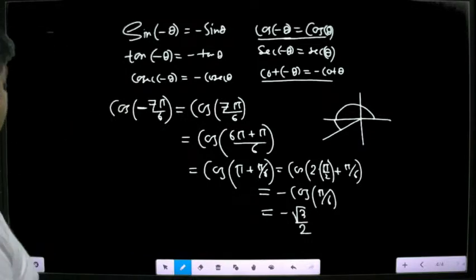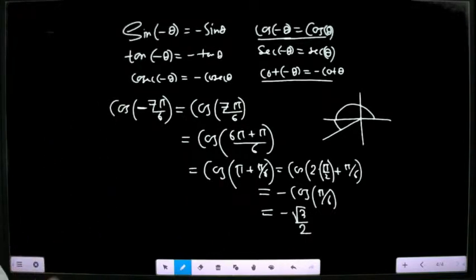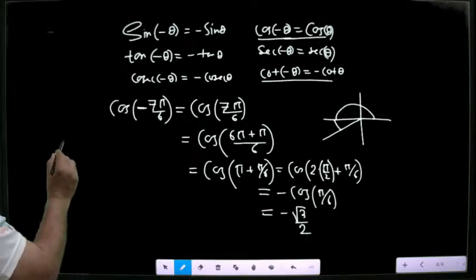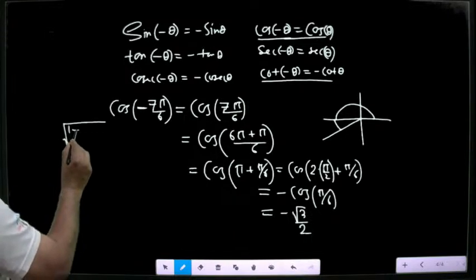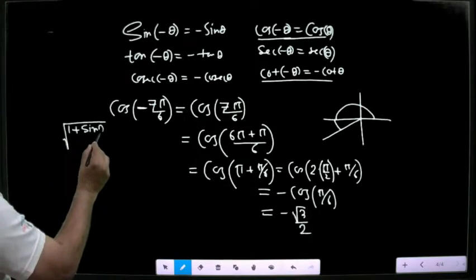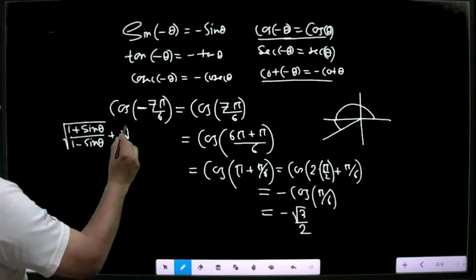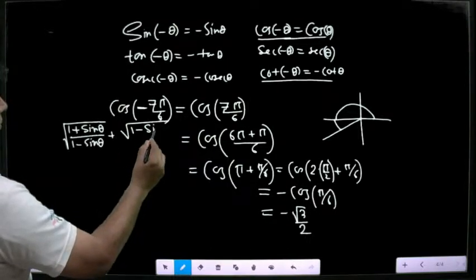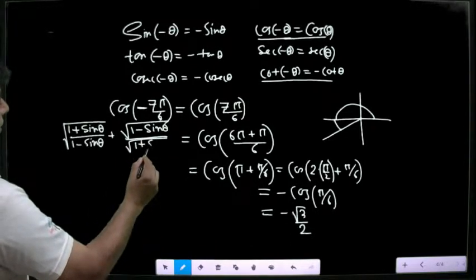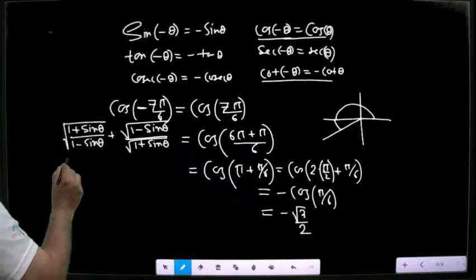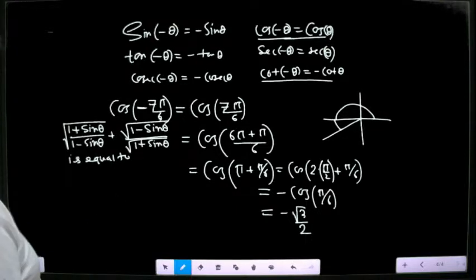Now based on this concept, a sum is given. Look: root over of 1 plus sin theta by 1 minus sin theta, plus root over of 1 minus sin theta by root over of 1 plus sin theta, is equal to.